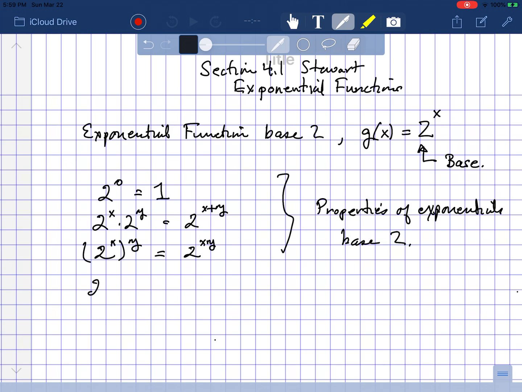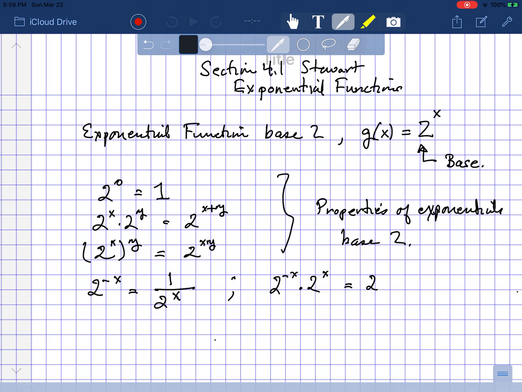And we also have this. We have that 2 to the minus x power is equal to 1 over 2 to the x power. How might I see that? Well, you'll remember that if I have 2 to the minus x and I multiply it by 2 to the x, what is this equal to?